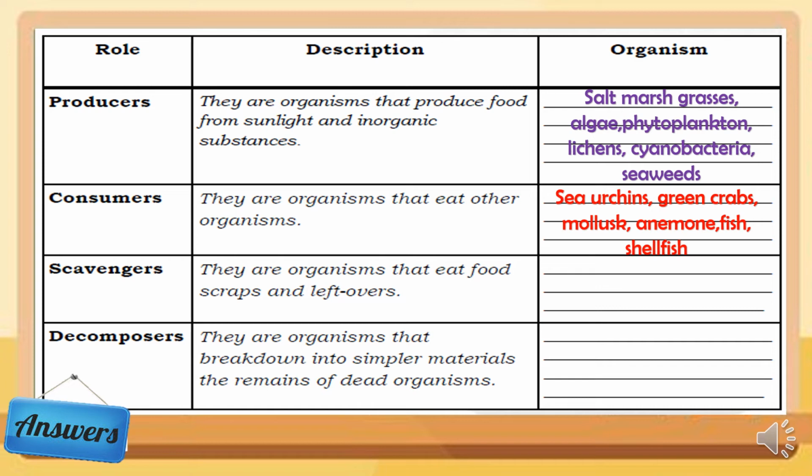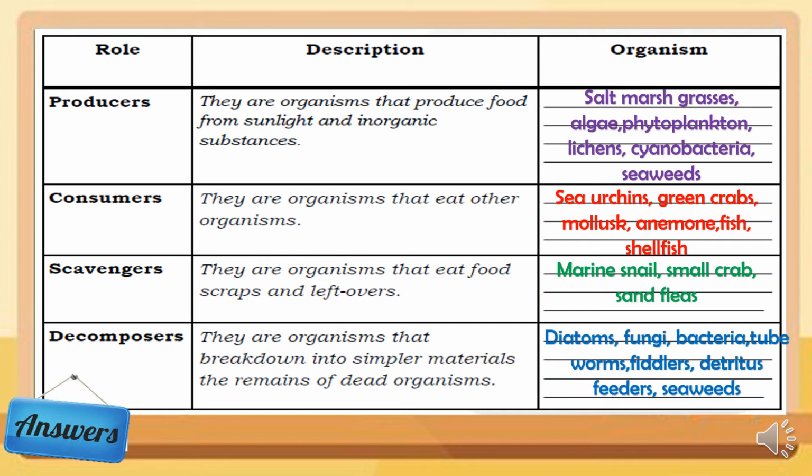For the scavengers, the answers are marine snail, small crab, and sand fleas. And for the decomposers, the answers are diatoms, fungi, bacteria, tube worms, fiddlers, detritus feeders, and seaweeds.